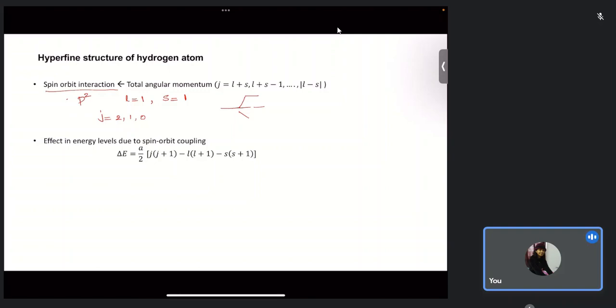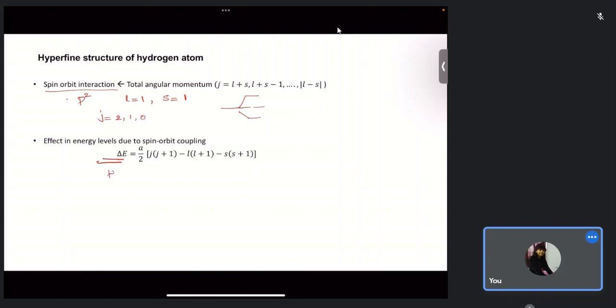The effect on energy levels due to spin orbit coupling was solved using the Hamiltonian associated with the magnetic field generated when there is spin orbit coupling.